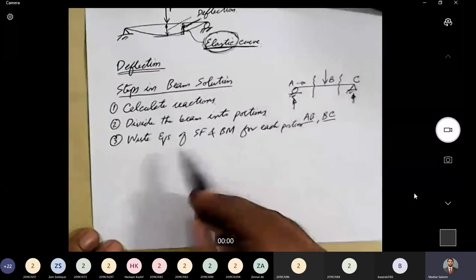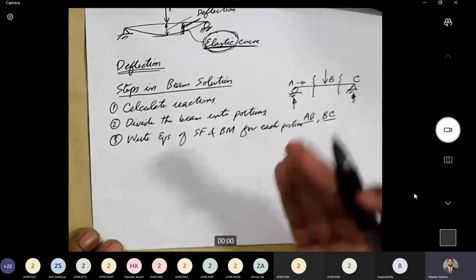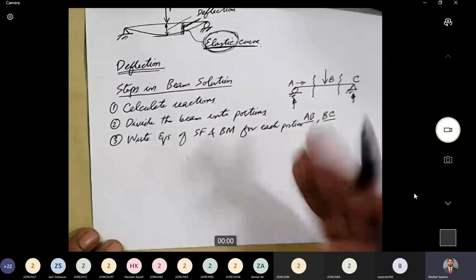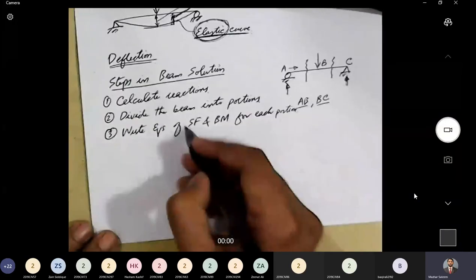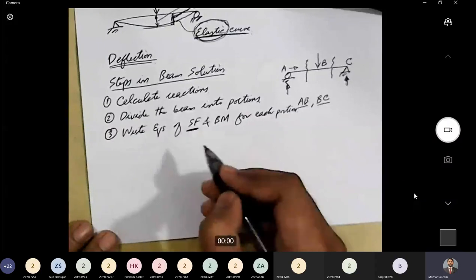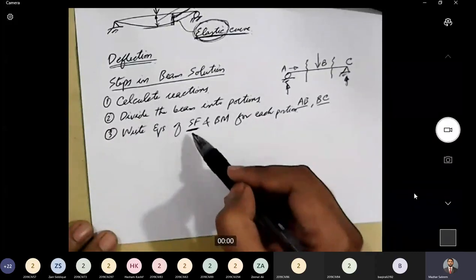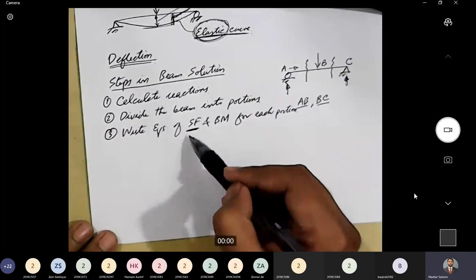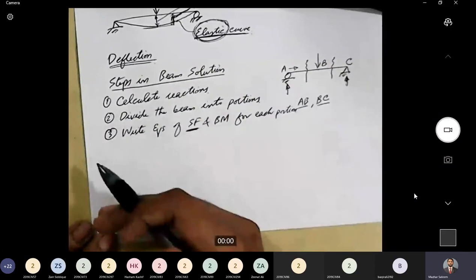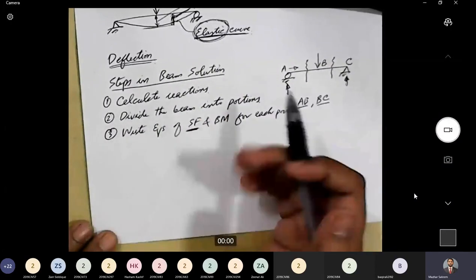When we defined shear force and bending moment at the beginning of today's class, we said that shear force is the algebraic sum of all the transverse loads, either on the right side or on the left side of the section.